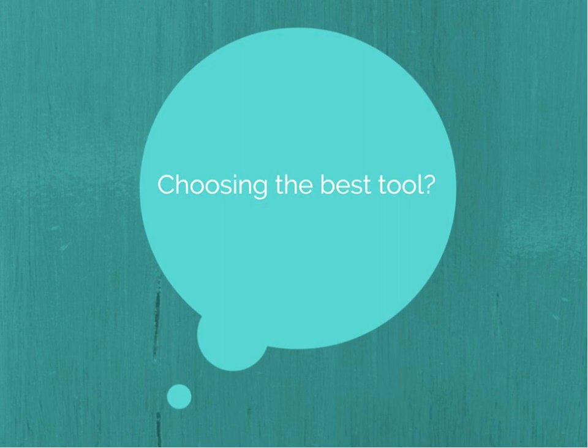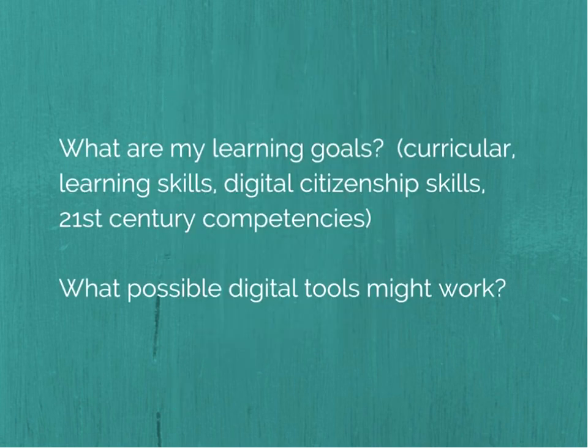So I'll talk through the example of choosing a basic learning tool that I'm going to use as my home page for my students. Basically the place they go to automatically all the time. So the first thing I think about is, what is it that they need to learn? What curriculum or learning skills, digital citizenship skills, and 21st century competencies am I looking at supporting over the time I'm using this digital tool?